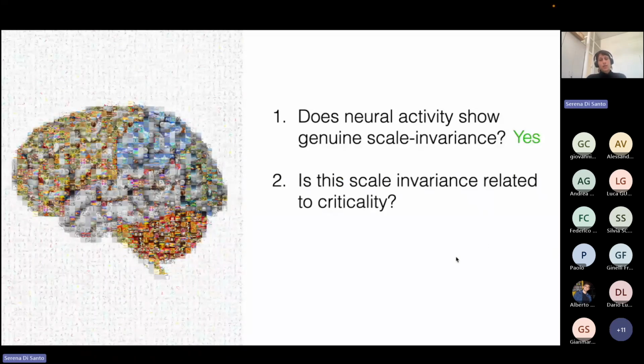And then the next question is: is this scaling invariance related to criticality?